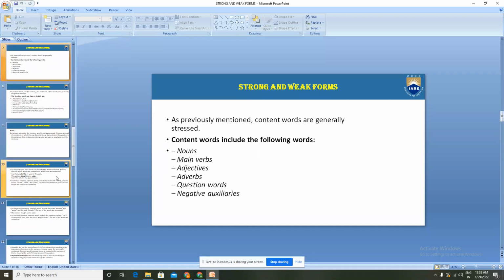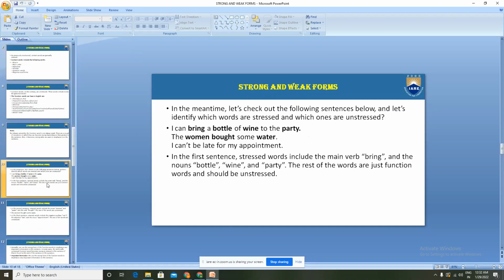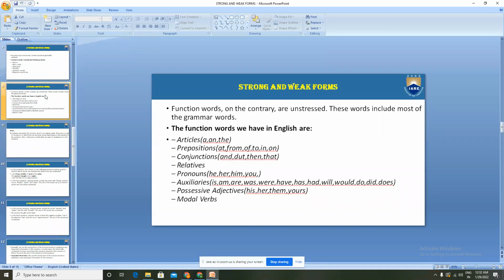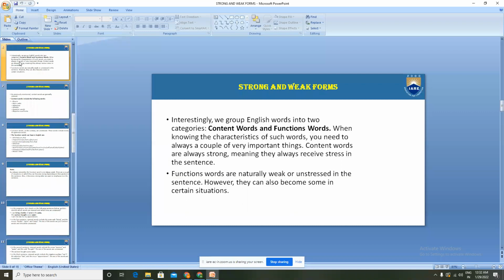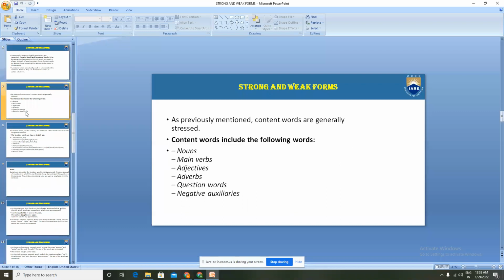So what are content words and what are function words? Let us see. Content words, as previously mentioned, are generally stressed. Stressed words means strong forms of the words.